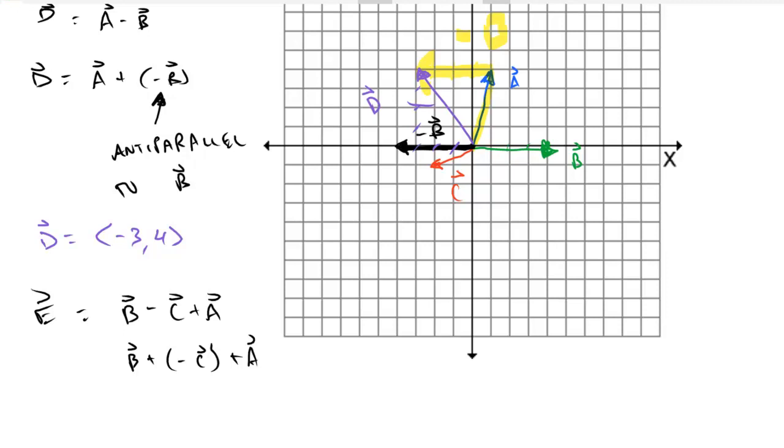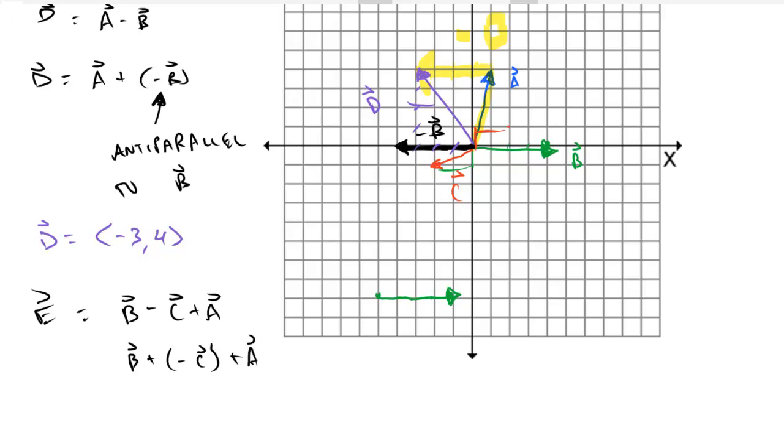So starting with vector B, I'm going to start right here. Vector B is 4 to the right, so 1, 2, 3, 4. Here's starting out with vector B. And then vector negative C, well, C is down 1 and left 2, so vector negative C is up 1 and to the right 2.